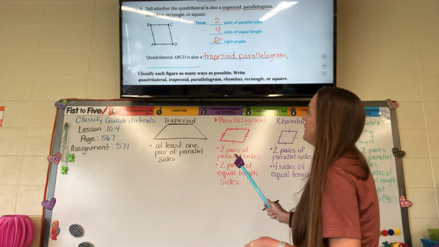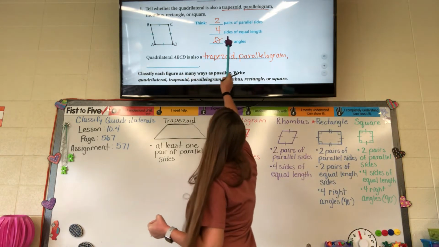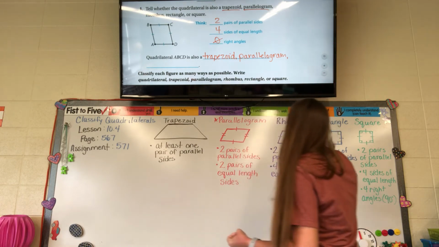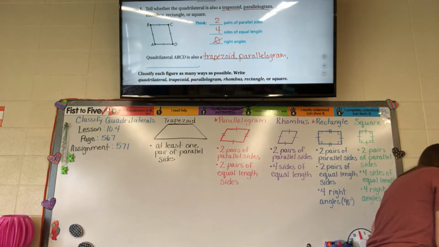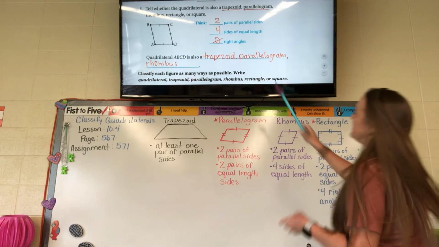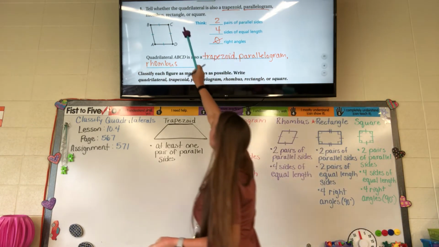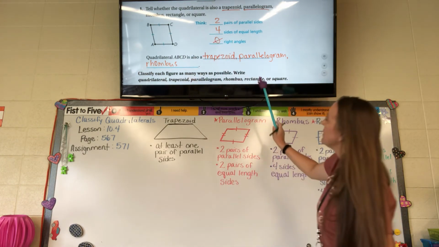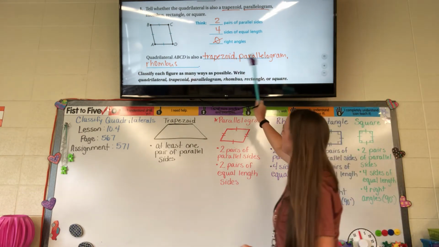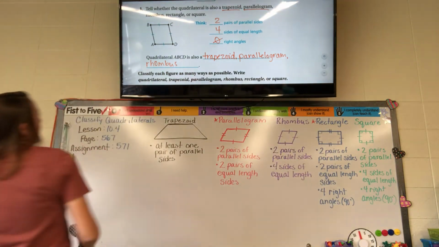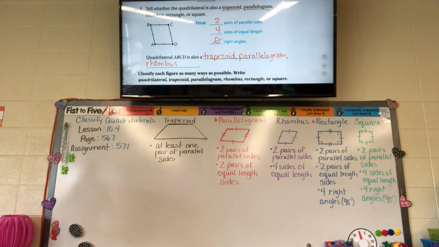It is definitely a rhombus because it has four sides of equal length and two pairs of parallel sides. That's the exact definition of a rhombus. So it is a rhombus. And because it has 0 right angles, it can be neither a rectangle or a square. So quadrilateral ABCD is also a trapezoid, a parallelogram, and a rhombus.